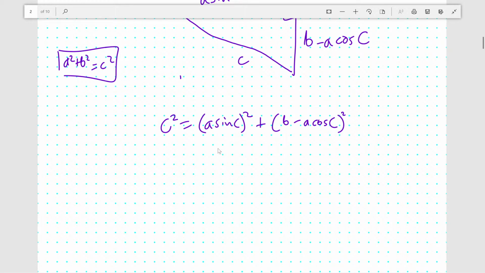So this is venturing now into the realm of algebra, basically, and you want to evaluate this down to the expression we have.